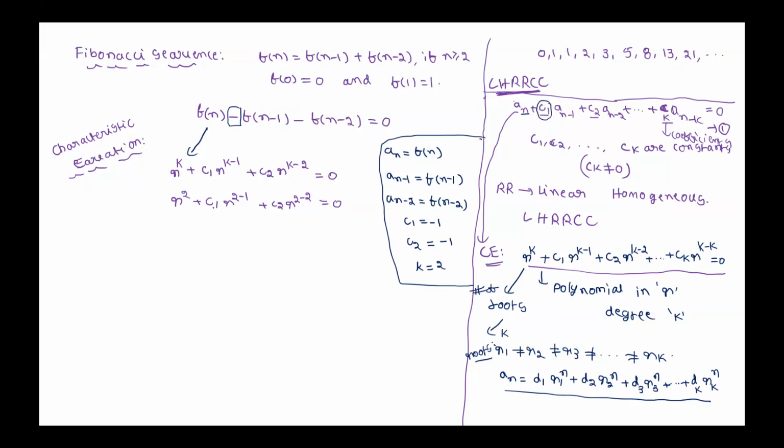Now substitute the c1 and c2 values. r square, c1 is minus 1, r power 2 minus 1 is r only. c2 is minus 1, r power 2 minus 2 is r power 0. What is this? r square minus r minus 1 equals 0. Is that correct?